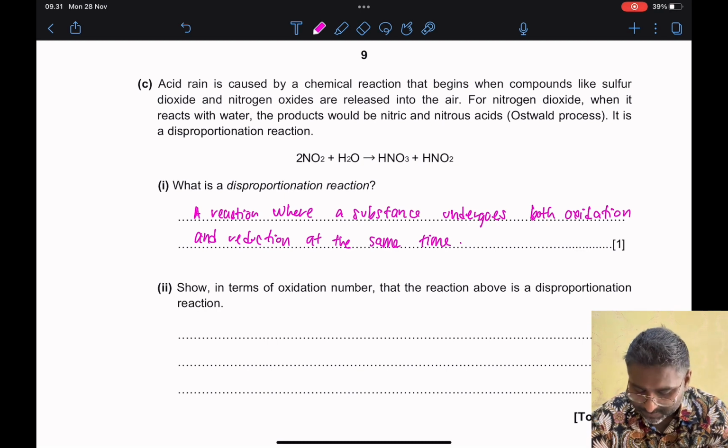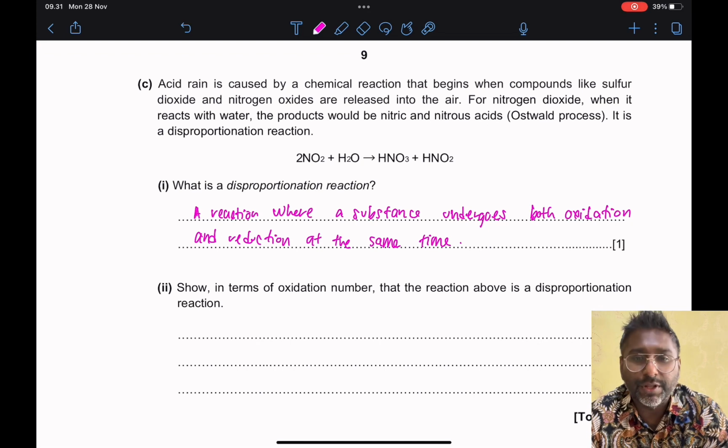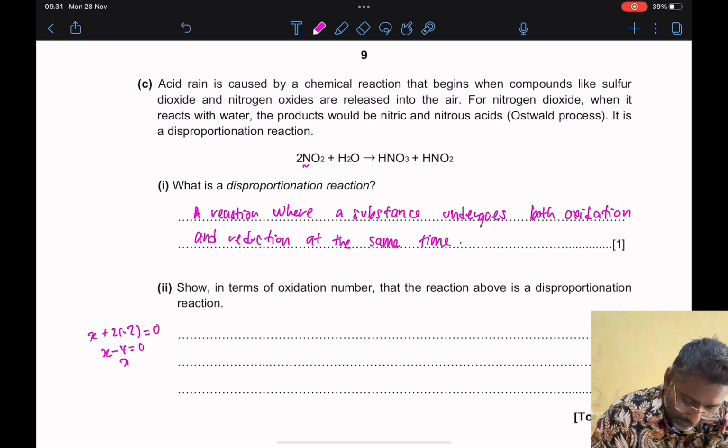Show in terms of oxidation number that the reaction above is a disproportionation reaction. So you need to calculate the oxidation number of nitrogen over here. So X plus 2 times negative 2, oxygen is negative 2, equals 0. X minus 4 equals 0, X equals 4.